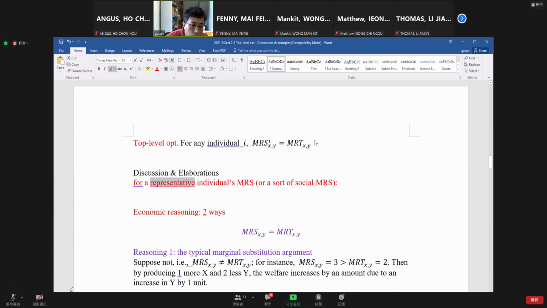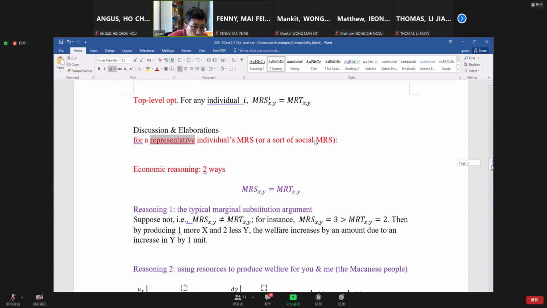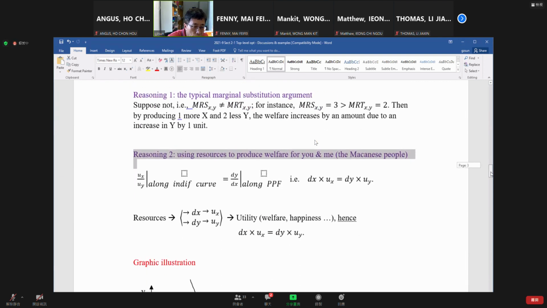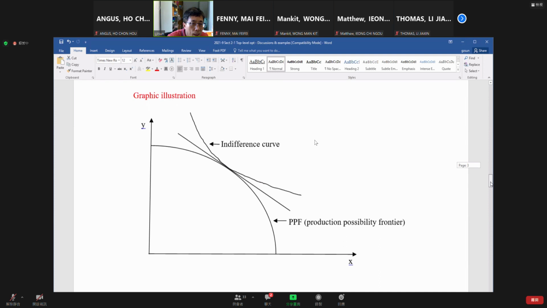I hope everybody can go through this page after class just to have a better understanding. This argument, either of the two ways, either this one or this one, is quite simple. It's also actually quite powerful to help you better understand this one.